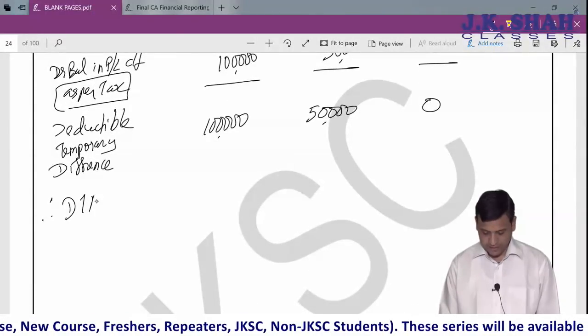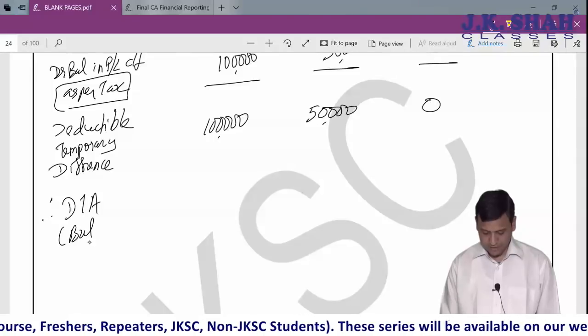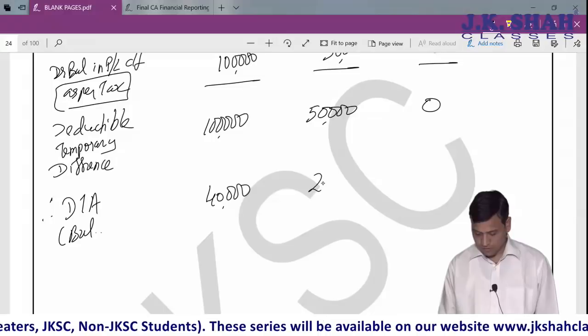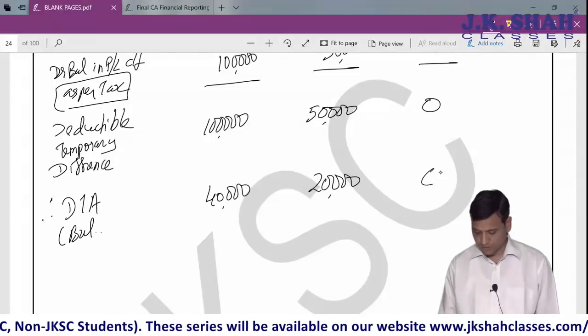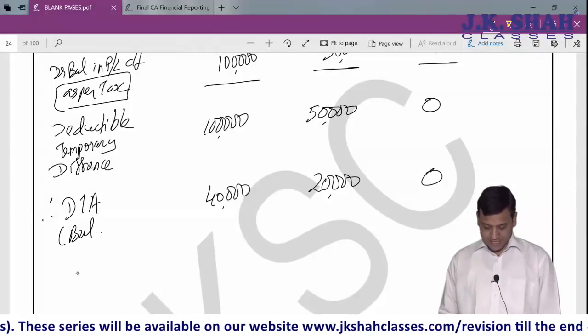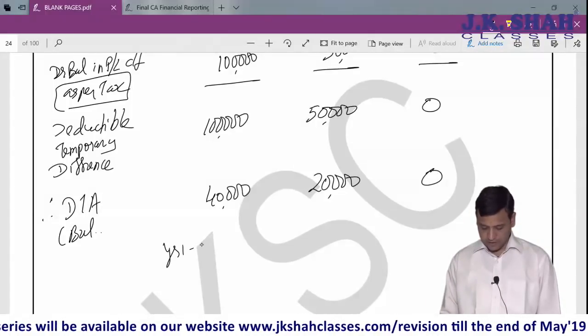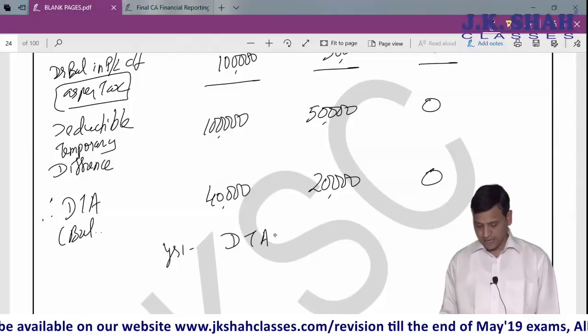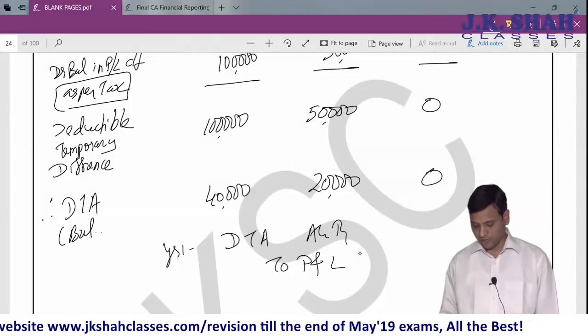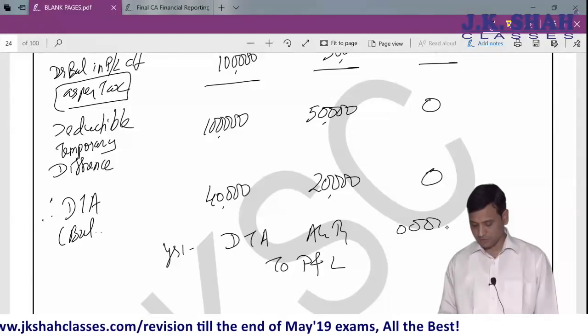Therefore, DTA will come and this will be the balance of DTA. 40% means 40,000, 20,000 and 0. I want a balance of 40,000. So in year 1, I will pass an entry: DTA account debit to profit and loss 40,000.